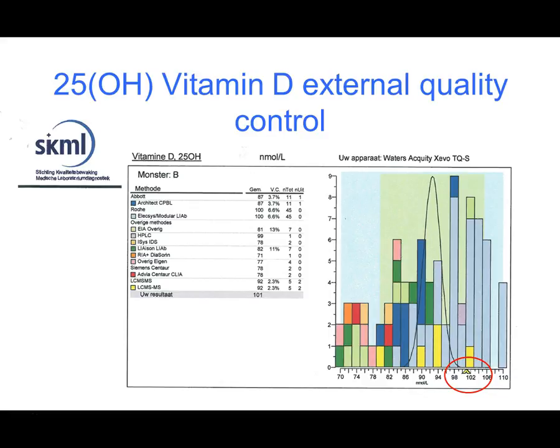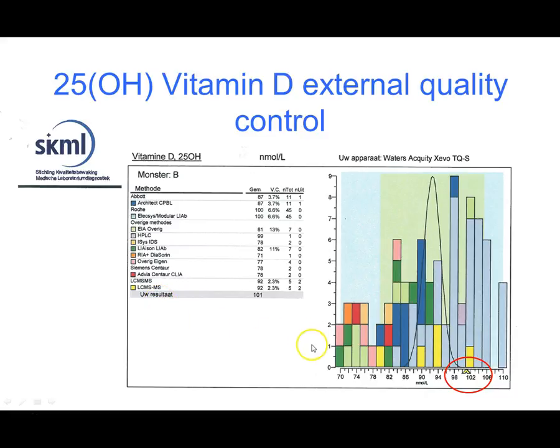They send one sample to different laboratories, and those laboratories use different methods. For example, automated methods as confirmed by Abbott or Roche, but also HPLC, LCMS, MS, etc.